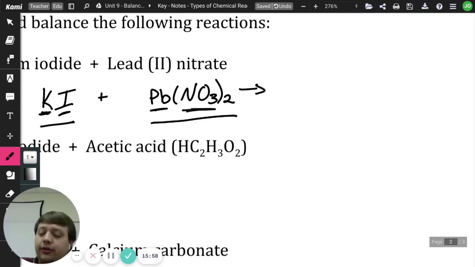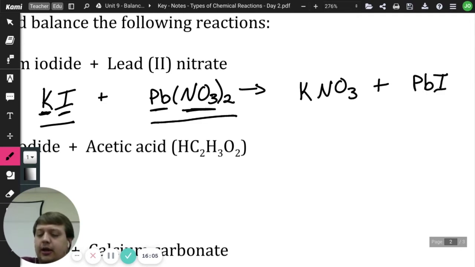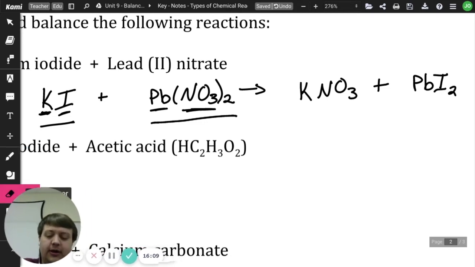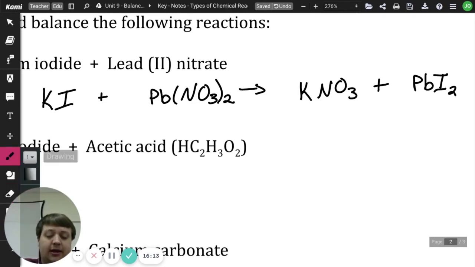So I have KNO3 plus PbI2. That would be the entire chemical equation. We would need to go back in and balance. To do that, all I'm going to do is put a 2 right here and a 2 right there. And then that would be my balanced chemical equation.